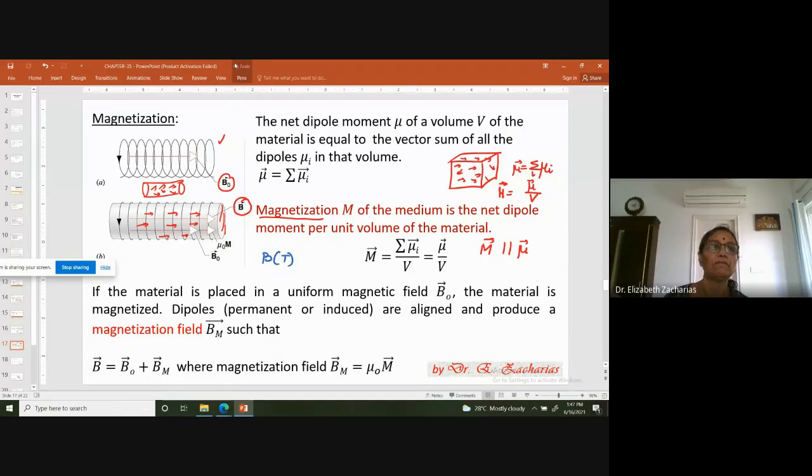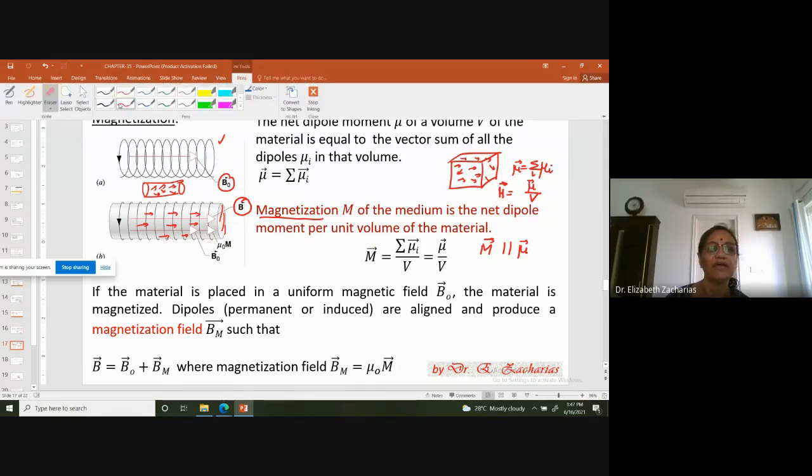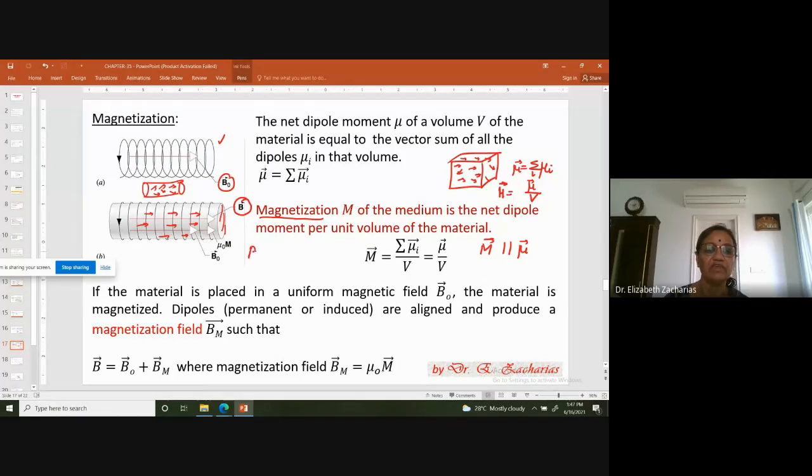Therefore, I will now define a quantity called the magnetic field because of magnetization. Please remember, first there is only one solenoid, but now there are tiny magnets and they are all aligning. So each of them will give their own magnetic field. This magnetic field is called the magnetization field.